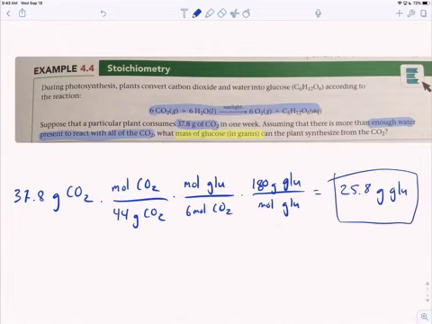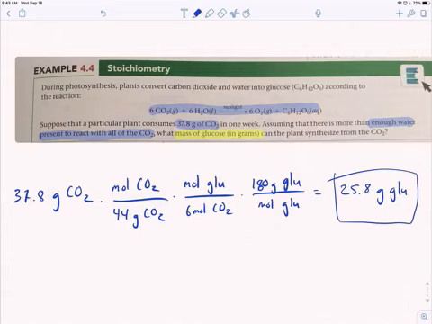And GLU is the shorthand for glucose. So if you go on and study biochemistry or other biological classes and you see GLU, that's glucose. Glucose is our primary fuel for humans.